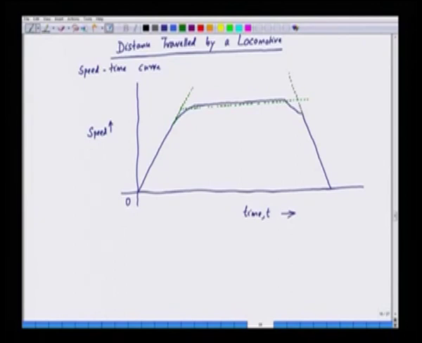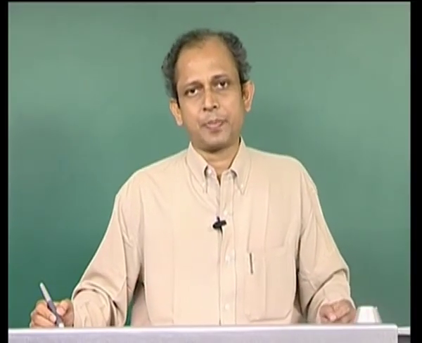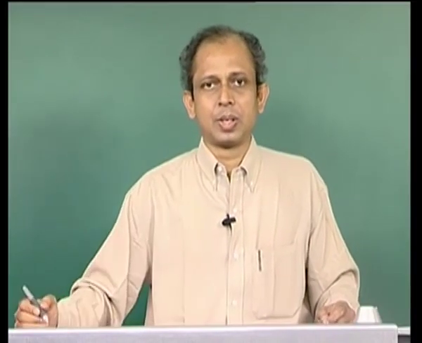So, we will consider this to be a trapezoid. The trapezoid is A, B is this point, C is this point, and D is here. And we have the various times here. The acceleration is constant, so we call that to be T1.